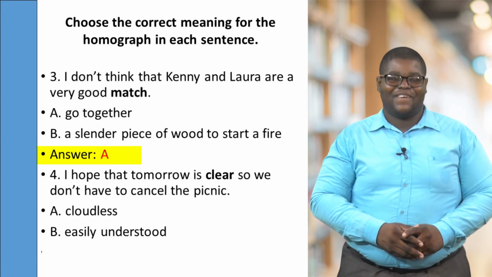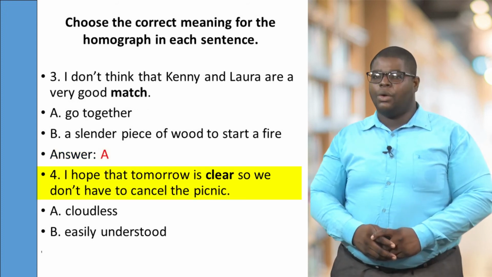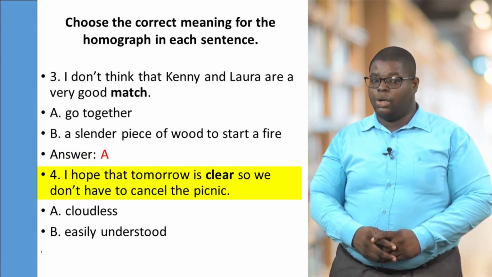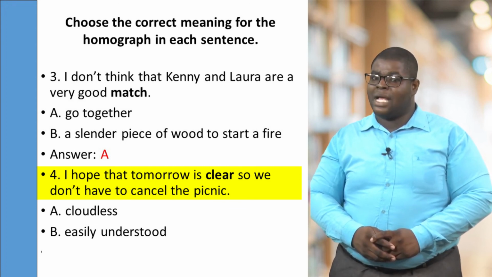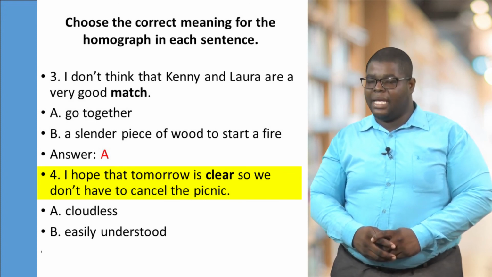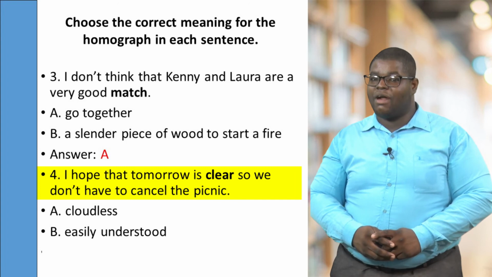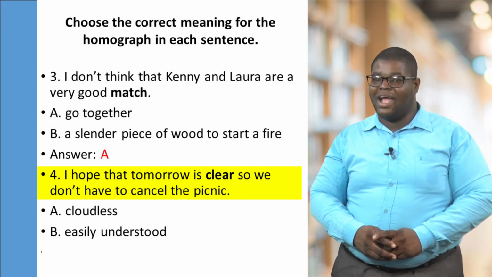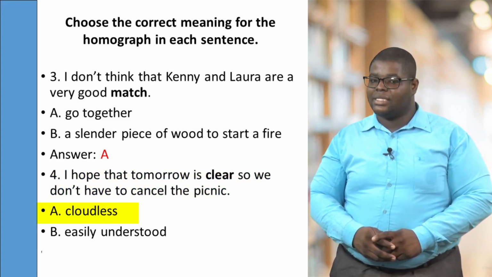All right. And finally, number 4. I hope that tomorrow is clear so we don't have to cancel the picnic. So we're looking at the homograph clear. The options are A, cloudless, and B, easily understood.